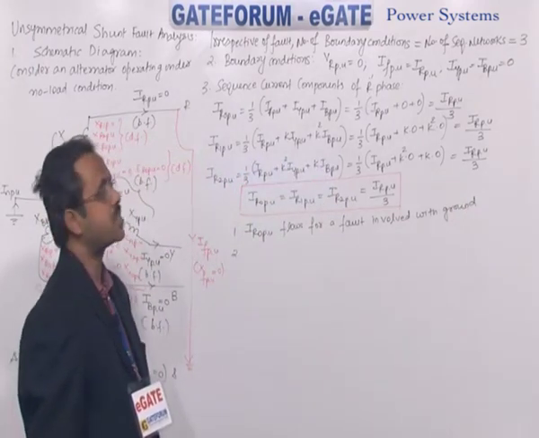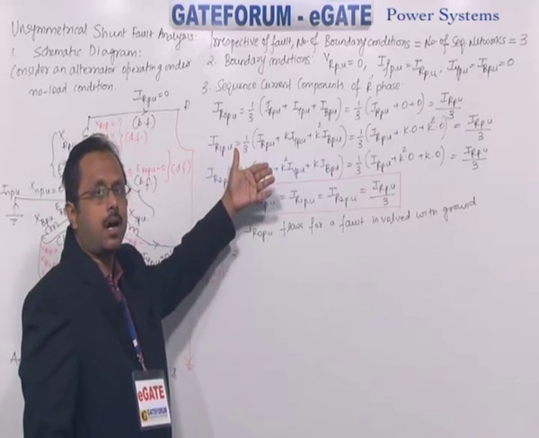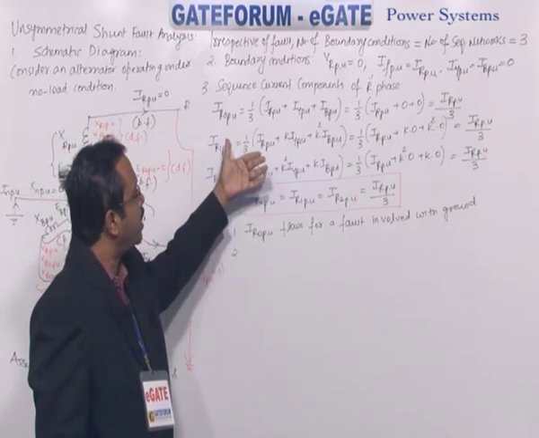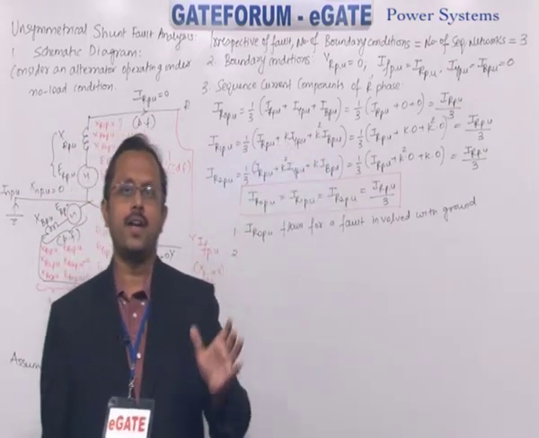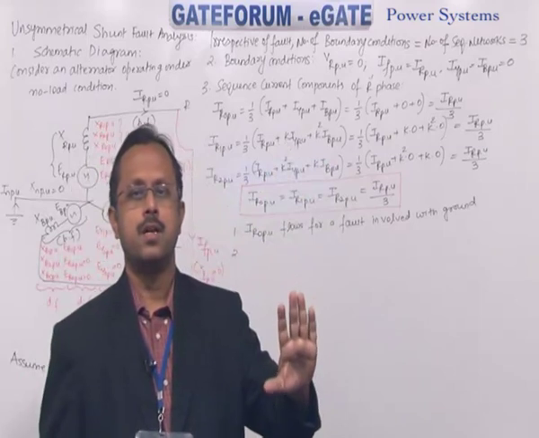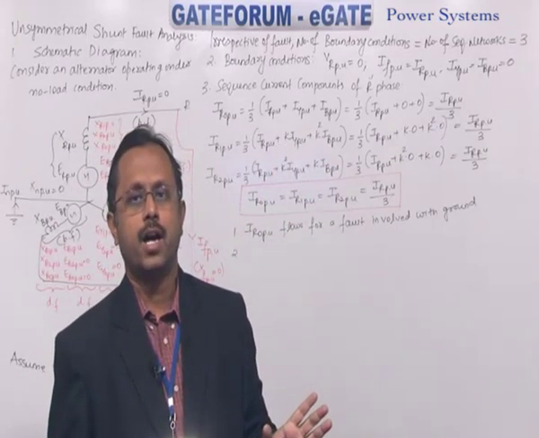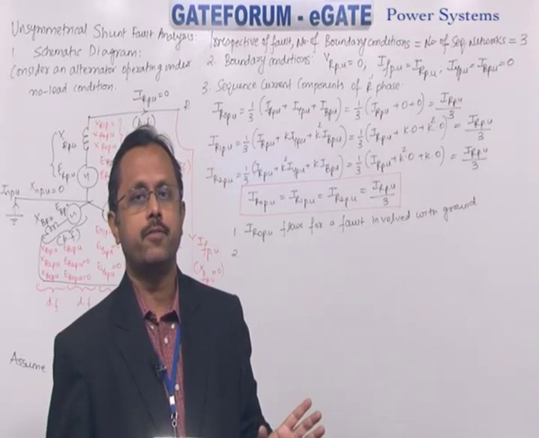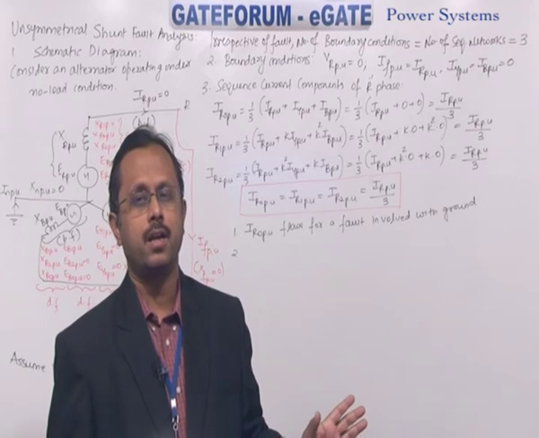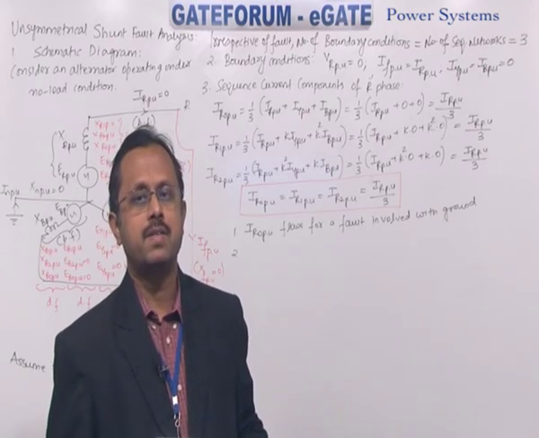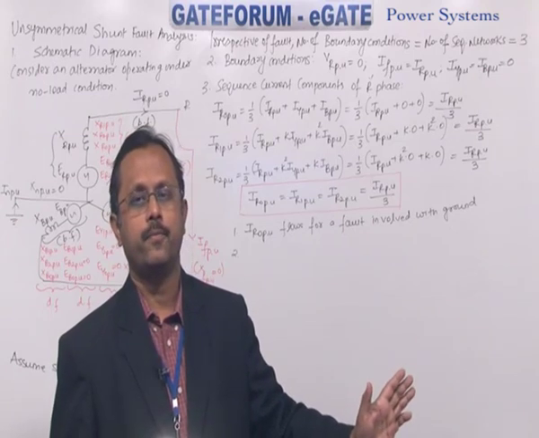Now, how to justify that IR1 per unit flows, or that IR1 per unit is not equal to 0? IR1 per unit flows irrespective of fault because we have the positive sequence EMF source ER1 per unit. ER1 per unit drives the current IR1 per unit irrespective of fault.